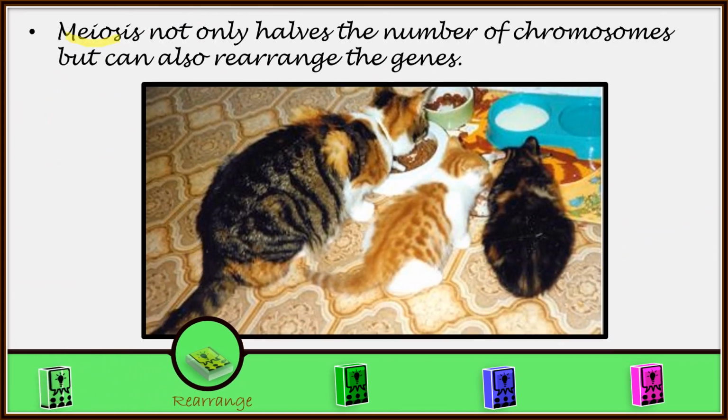Meiosis not only halves the number of chromosomes, but also rearranges the genes. We have seen that meiosis leads to reducing the number of chromosomes in the gametes to a half, but also rearranging the chromosomes, or the rearrangement of the genes in the different gametes.